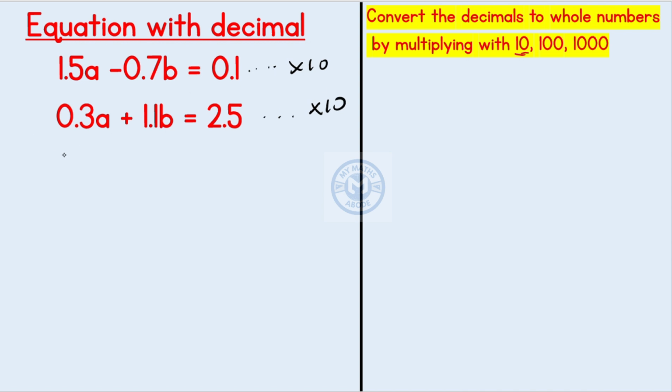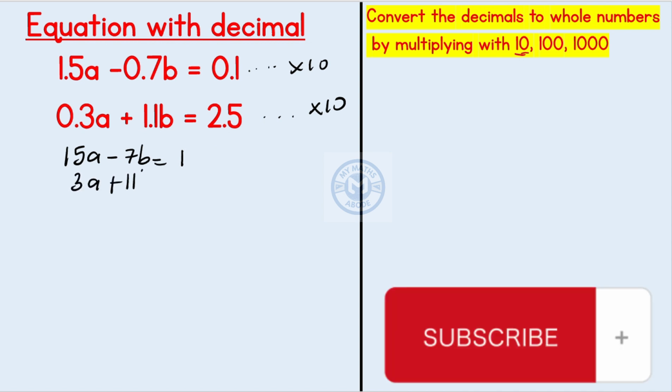So multiplying this by 10 will give me 15a minus 7b is equal to 1. And everything here will be 3a plus 11b is equal to 25. So multiplying this equation by a 10 has made it a whole number.